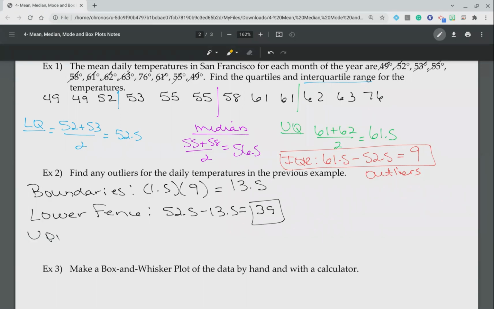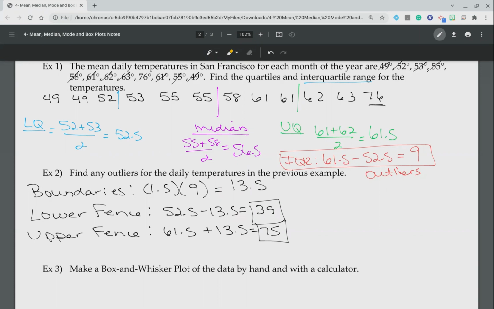Okay, so let's look at our upper fence. So our upper quartile was 61.5, and I'm going to add 13.5 to that, which is 75. So any temperature higher than 75 is going to be considered an outlier.